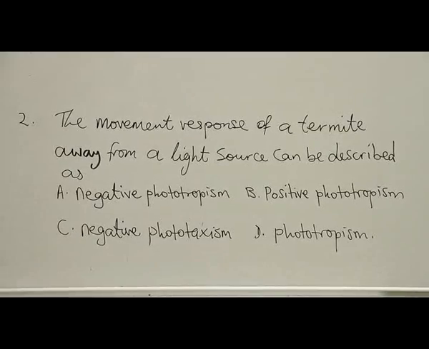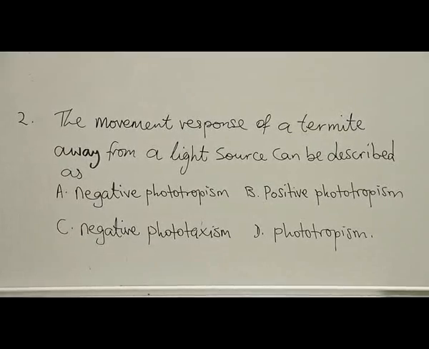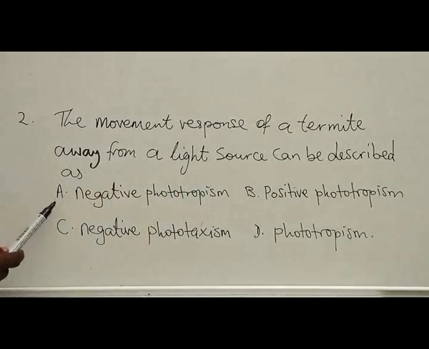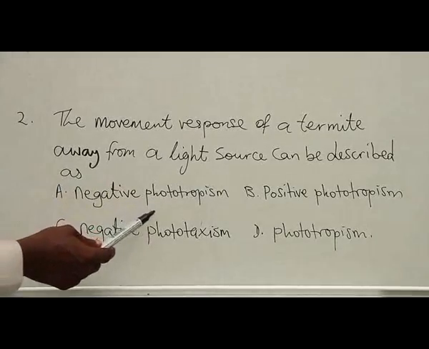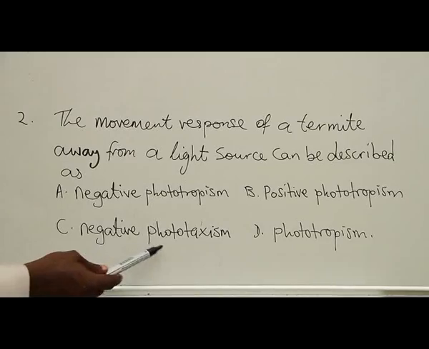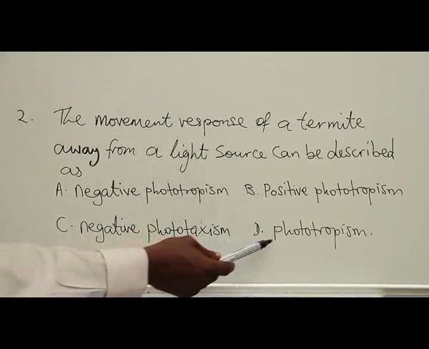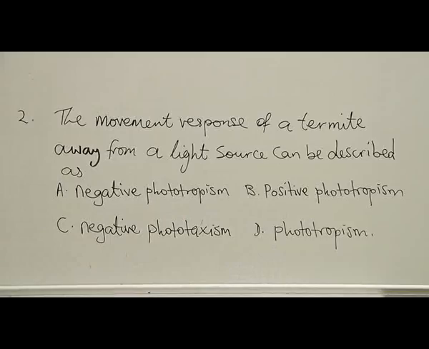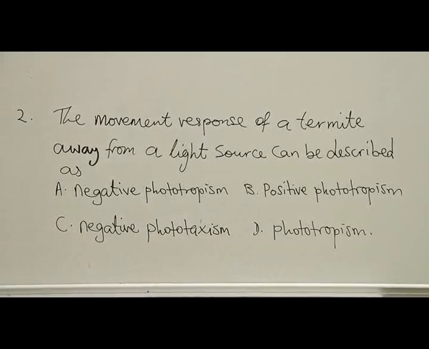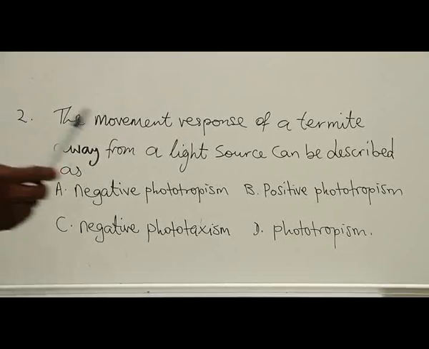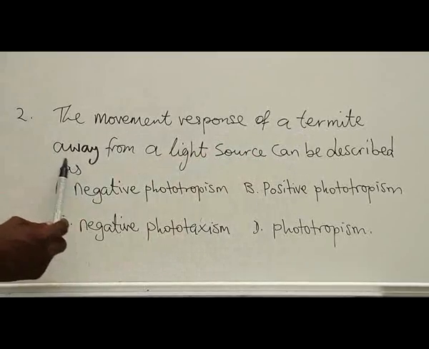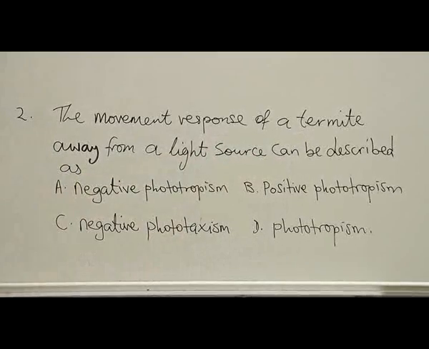Example 2. The movement response of a termite away from a source of light can be described as A. Negative phototropism, B. Positive phototropism, C. Negative phototaxism, and D. Phototropism. This question demands a description, that is, describing one particular response. That is a movement, a termite moving away from light.